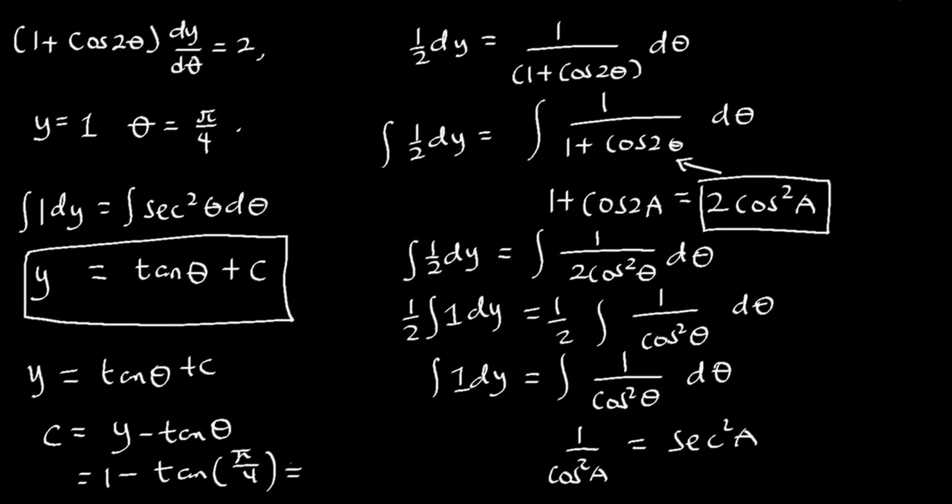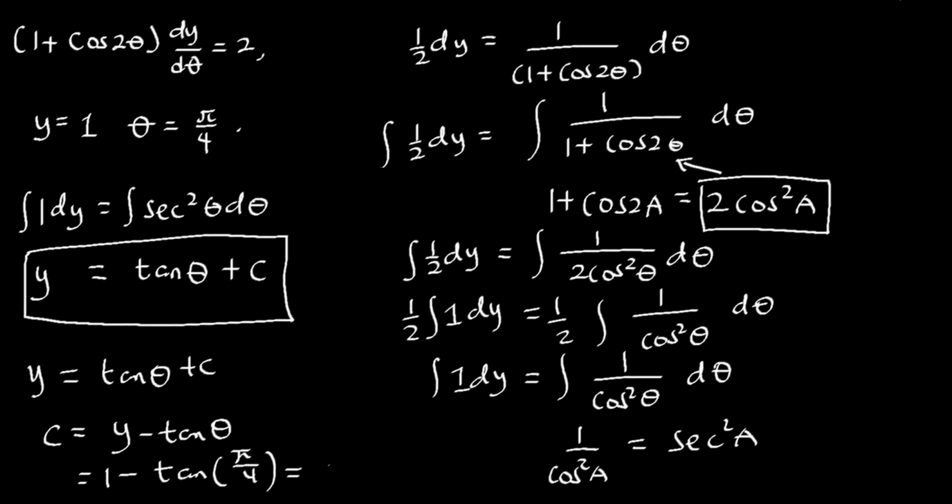Okay, so let's do that and see what you get. First of all look at tan of pi on 4. When I compute the tan of pi on 4, that gives us 1.